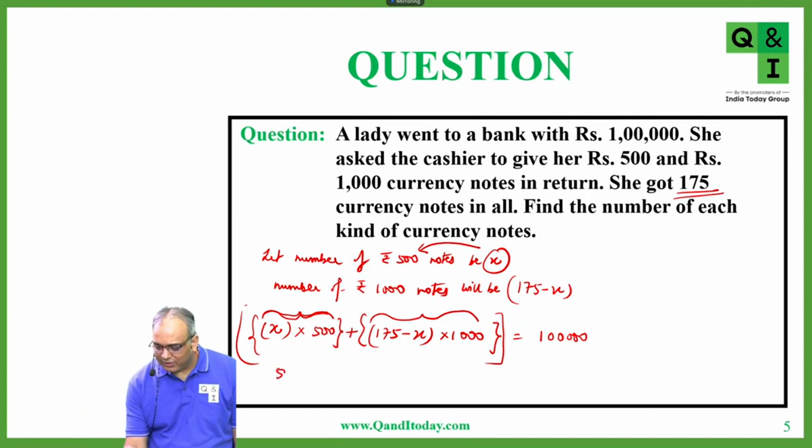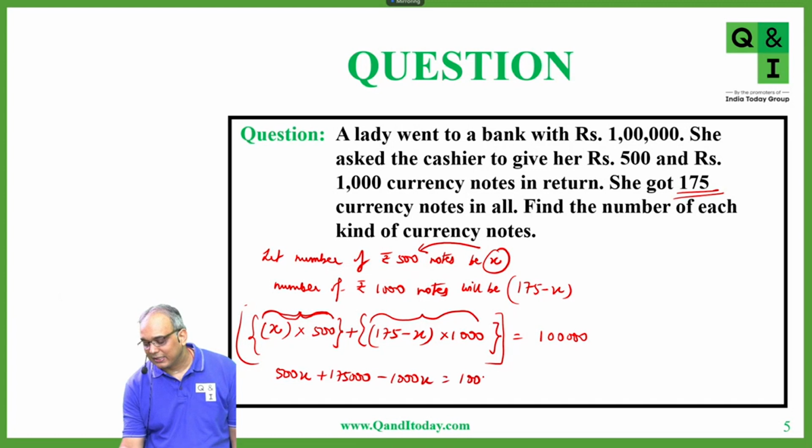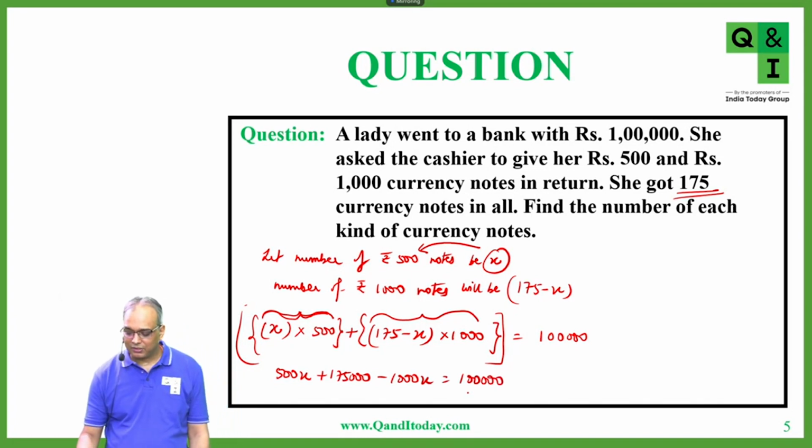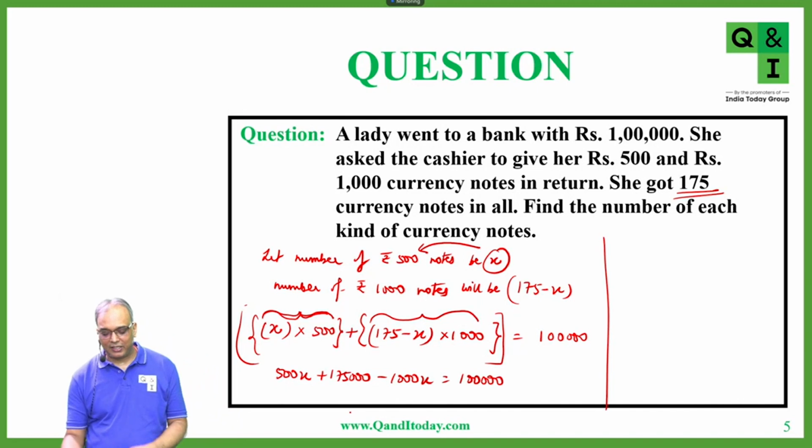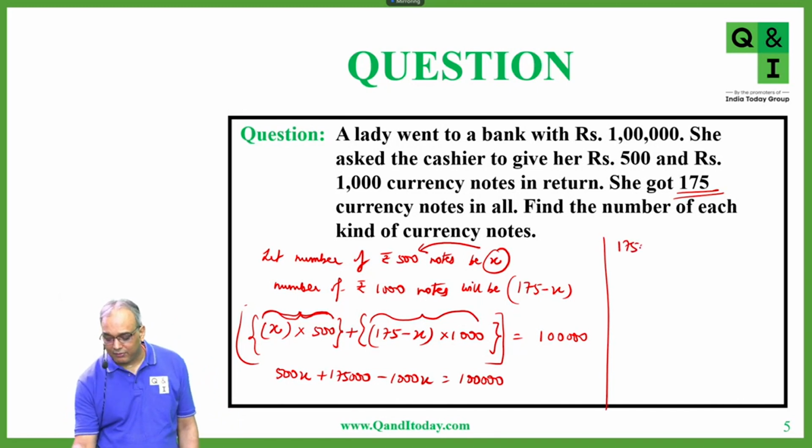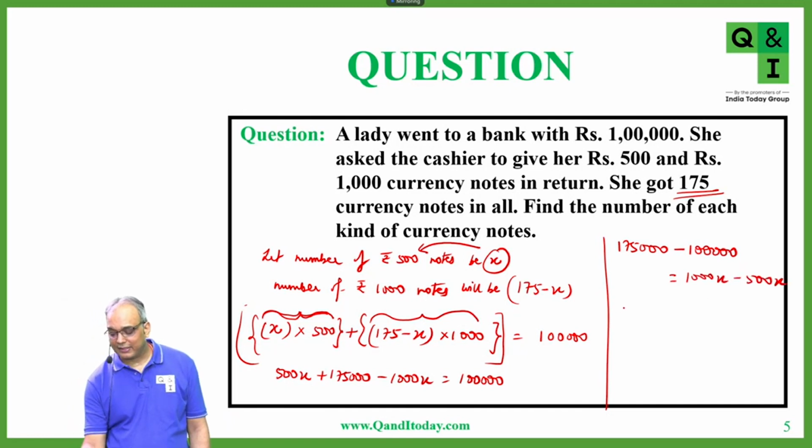Now the equation becomes 500X plus 175,000 minus 1000X equals 100,000. Now, bring the constants on the left side and the variables on the right side. We have 175,000 minus 100,000 is equal to 1000X minus 500X.